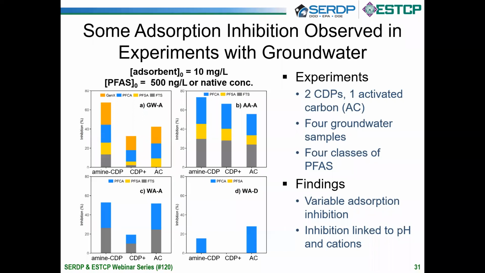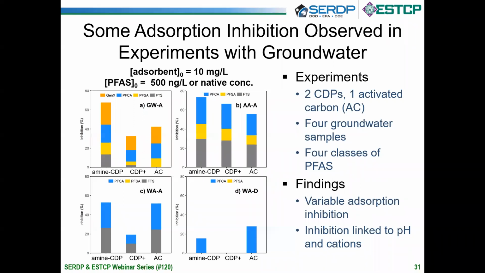This allowed us to estimate the extent of adsorption inhibition experienced by each adsorbent in each groundwater sample. We also measured the concentrations of various matrix constituents in each groundwater sample so that we could relate any observed adsorption inhibition to specific matrix constituents.